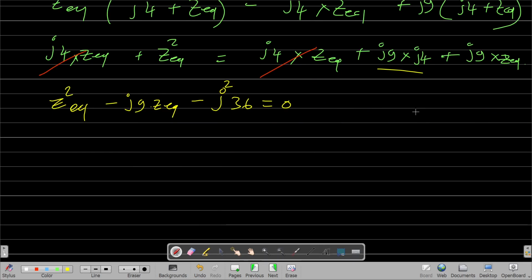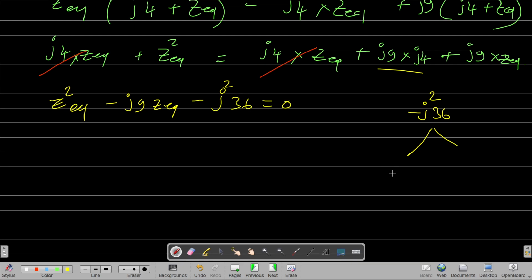Now let's break down this value, minus J square 36. So if you break this down to get this value and this value, by adding we get this value, and by multiplying we must get this value.